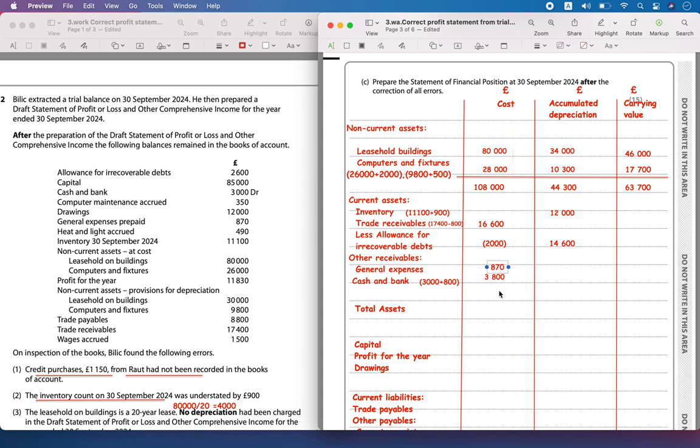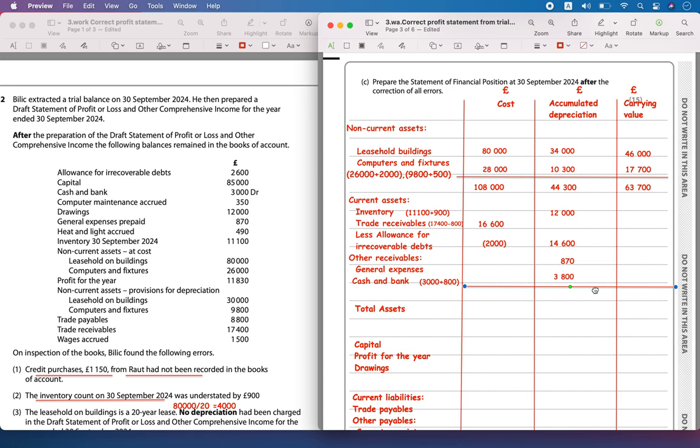And this cash and bank had got increased to 3,800. So let's add up all of this value. So 12,000 plus 14,600 plus 870 plus 3,800.